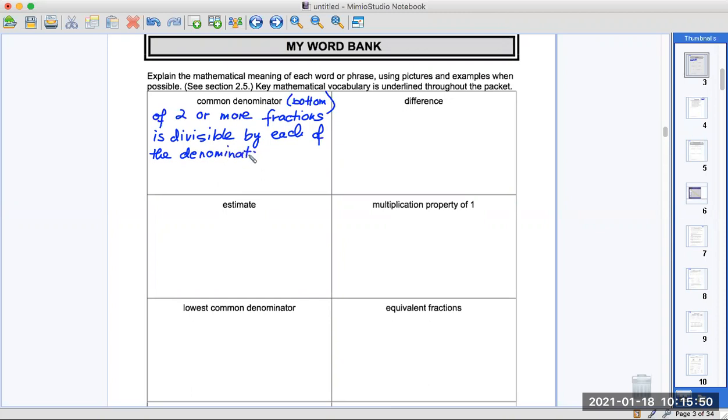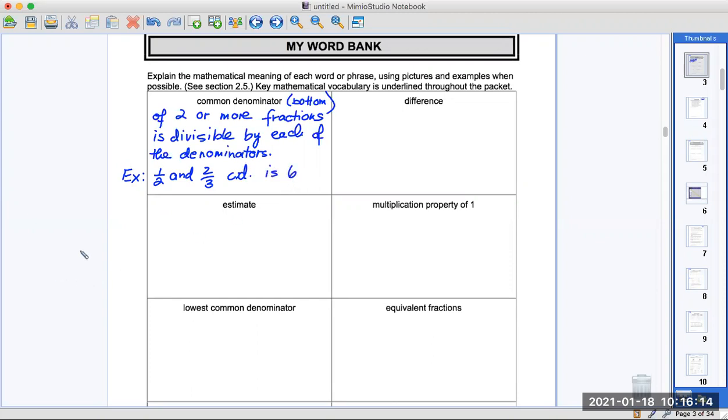And I'm going to give you an example because that sounds very difficult, very confusing. So, most of you have already heard that and know it, 1/2 and 2/3 common denominator, I'll just call it CD because I don't want to write too much, is 6.